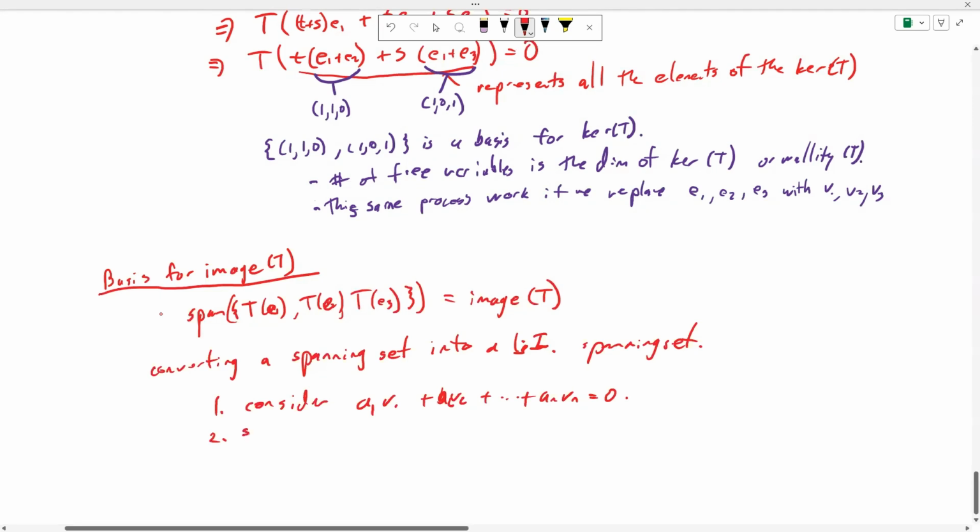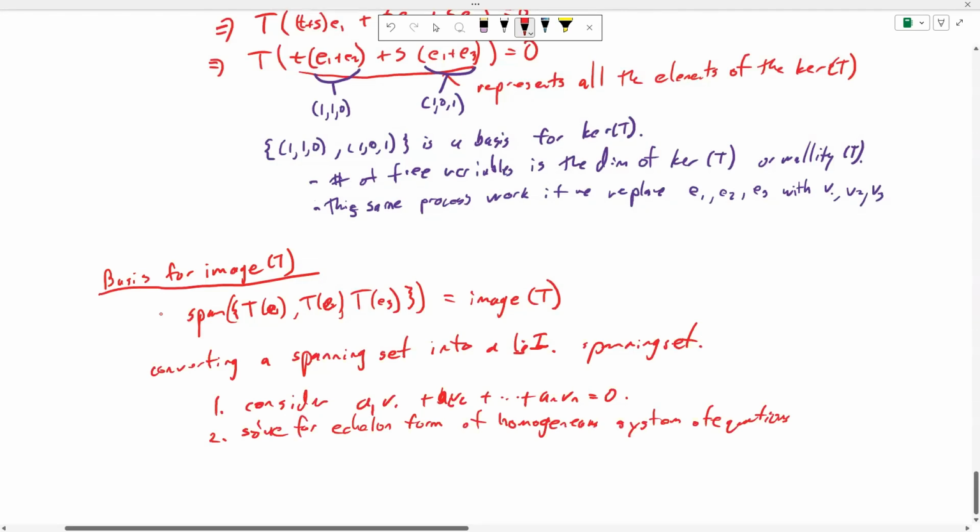Two, solve for echelon form of the homogeneous system of equations.